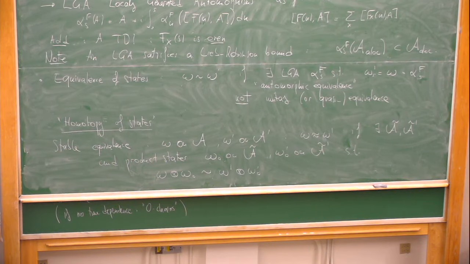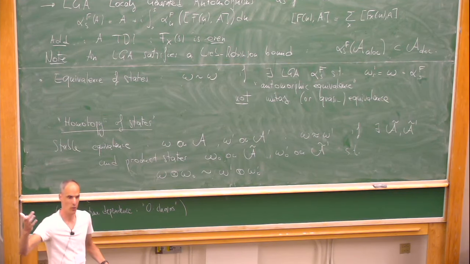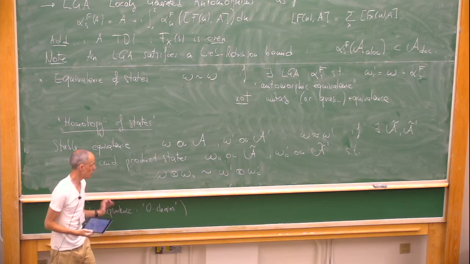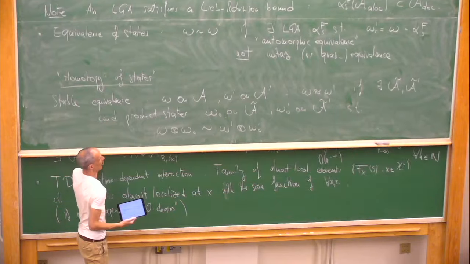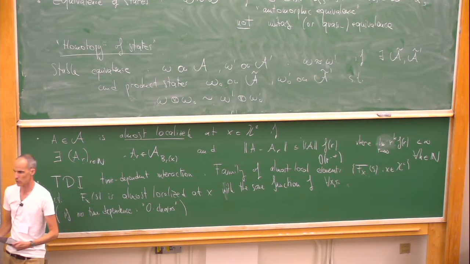So you allowed yourself to enlarge your state space, but not in any way, only by adding what you would think of as a trivial state, namely a product state. That's the notion of stable equivalence, and you need it even in the non-interacting setting to do deformations.